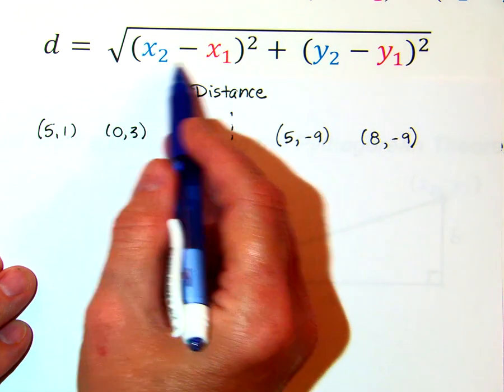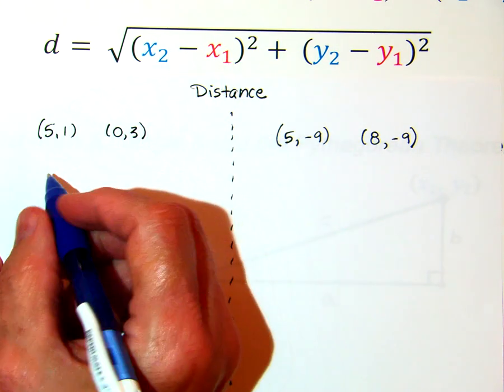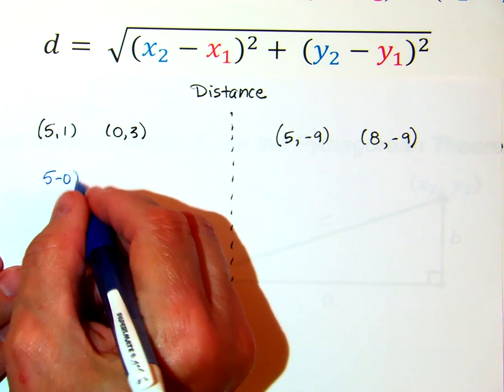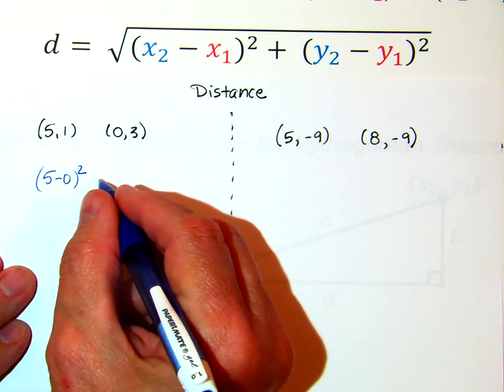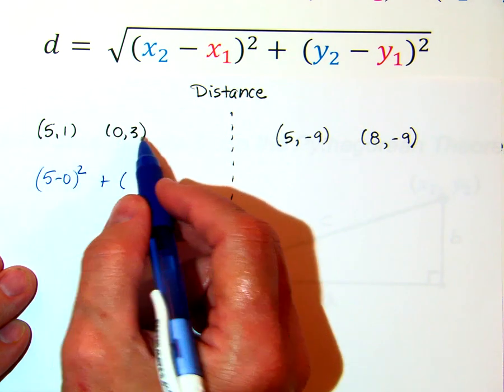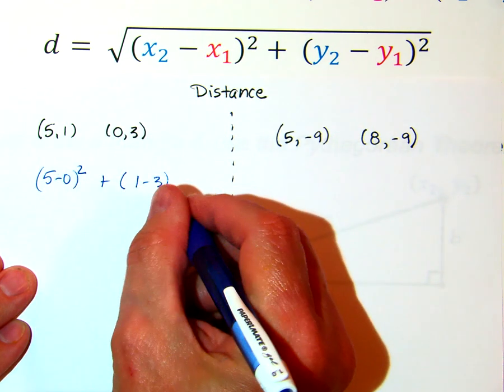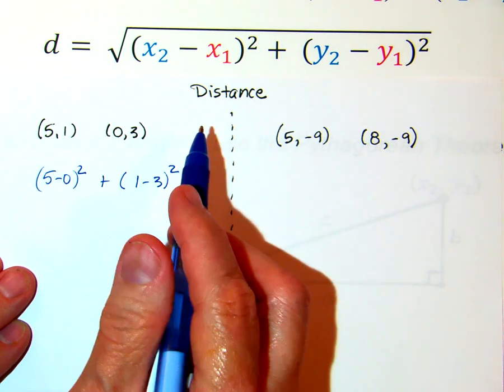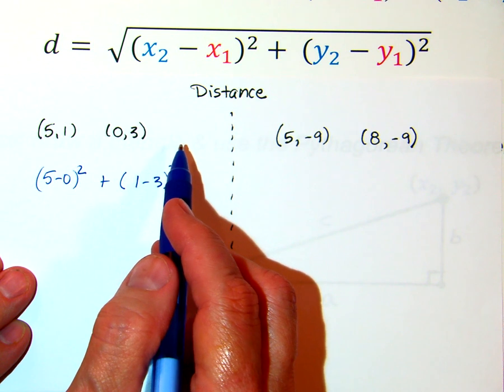So, the difference of the x's, so that'll be 5 minus 0 squared plus the difference of the y's, 1 minus 3 squared. And it didn't matter which one you picked to be point 1 and point 2. You'll get the same thing either way.